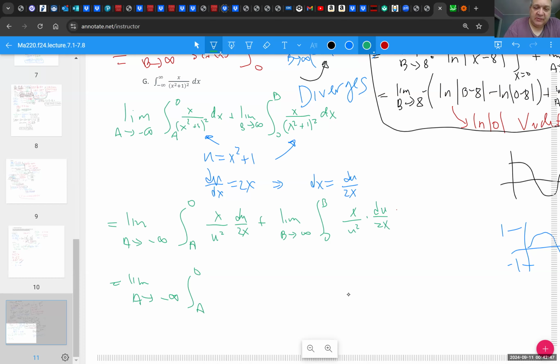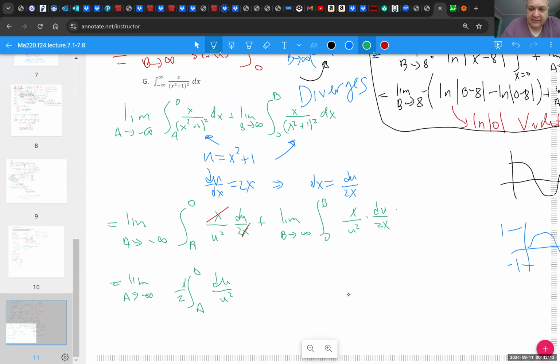I can bring the 1/2 on the outside. So let me just scooch this over a little bit. As a approaches negative infinity, I'm going to bring the 1/2 on the outside. And then I end up with the x's dividing out. And I have du over u squared.